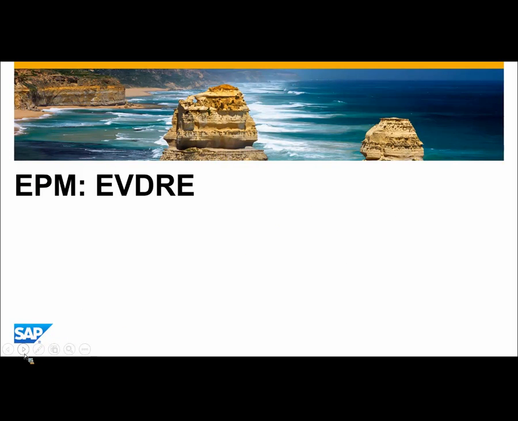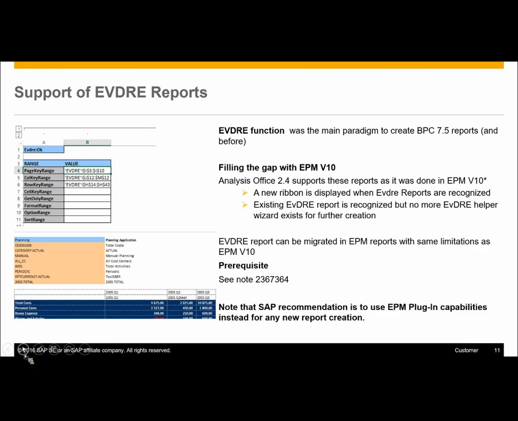Okay, thanks, Alex. So as the first new feature we have introduced in Analysis Office 2.4, for EPM plugin only, we now support EVDRE reports. So what does it mean?